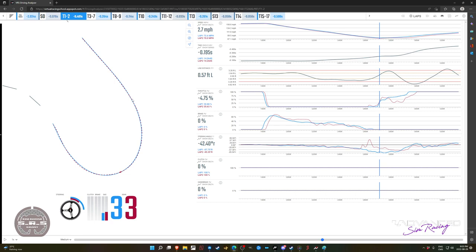We all know T1 at Suzuka has a very long entry, and we apex not at all on the curbing. The apex of the corner is more truly right at the top here, even though you have an apex curb here and another apex curb here. The true circle of the corner is this line here. So what we can begin to do is figure out what's happening in and around our maximum rotation point.